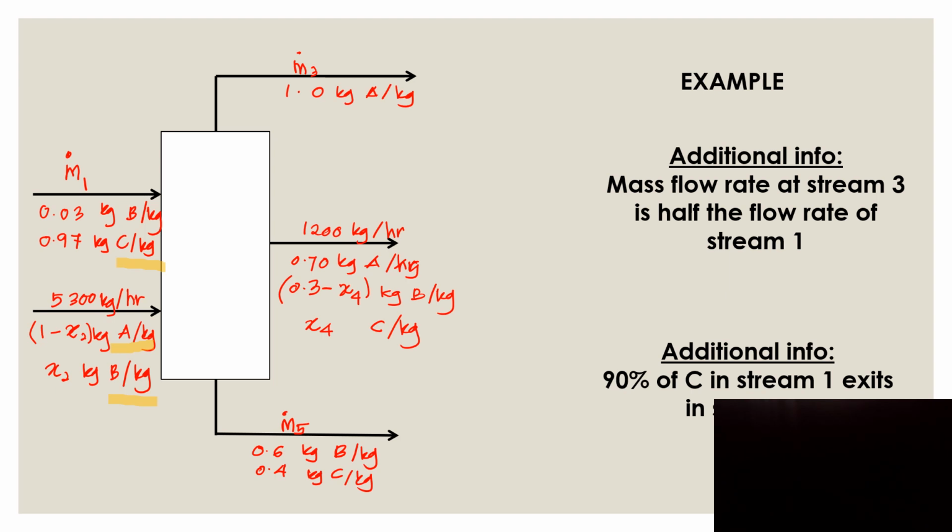Okay, so as an engineer, your job is to perform material balance so we can solve for the unknown flow rate of our streams, as well as the compositions that we may not know. In this case, we have two unknown mass fractions.